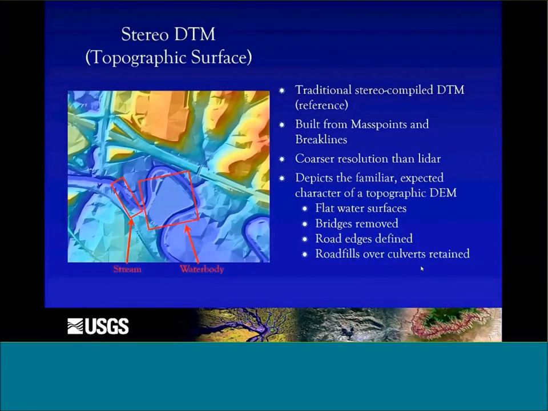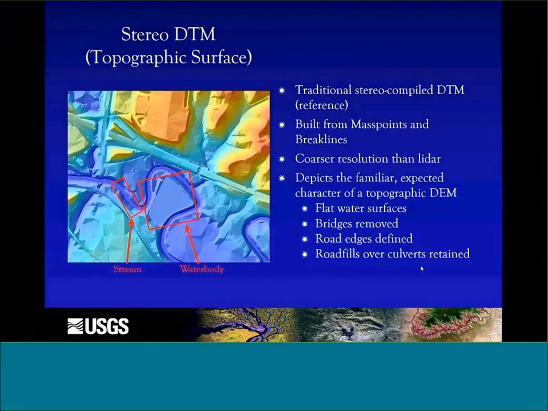So this is a stereo DTM. This is actually the same area you probably recognize from the previous slide, or a couple slides back, the little area in West Virginia, and this is actually made from the very DTM that I showed, the mass points and break lines.